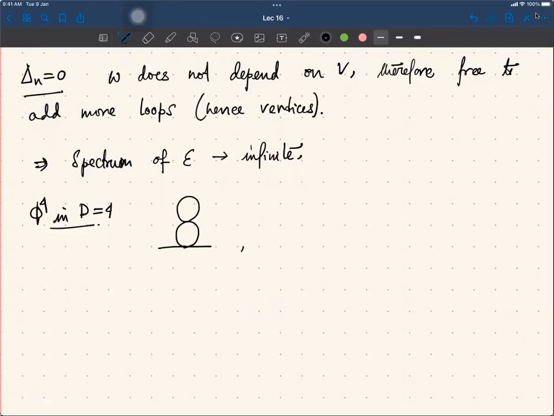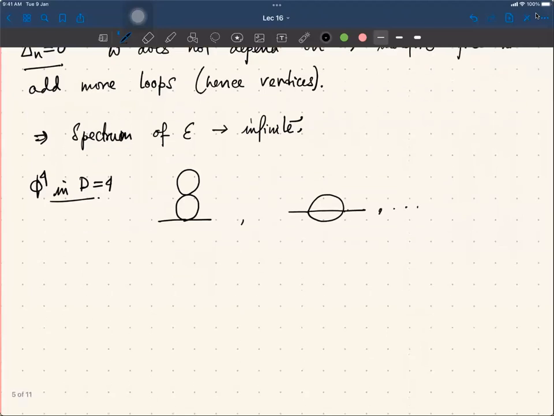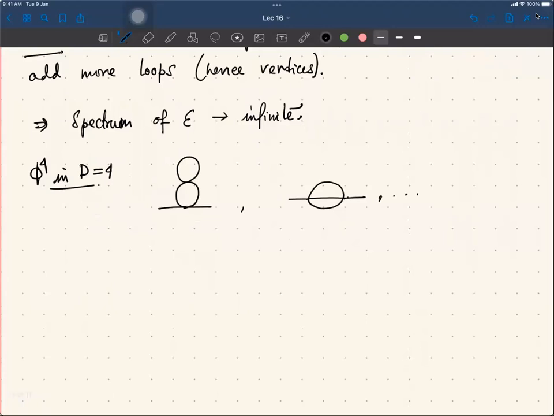We can have a primitively divergent graph with two vertices, but then there are other legs, and these two legs form a loop. So you can write it like this, and so on. You can add more and more loops. It doesn't matter if you increase the number of V or not. In this case, for example, 4 point. So when E equals 4.